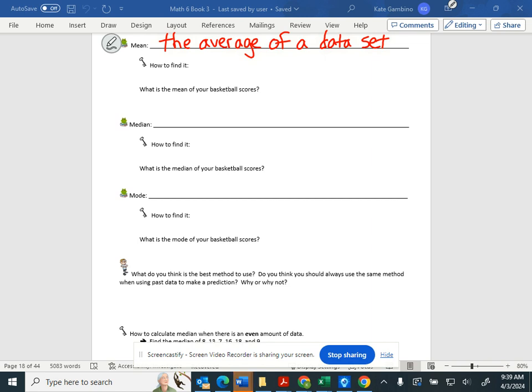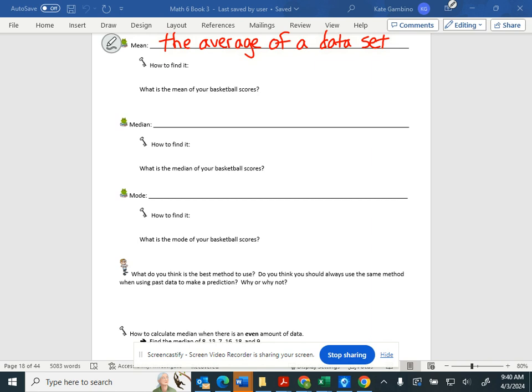So when you hear something about an average, we should all have our math fingers out and be taking notes. When you hear about the mean, you hear about an average, they are the same thing. And what Zelda said is absolutely correct for how to find it. We don't have to put them in order. That we need to do for the median.